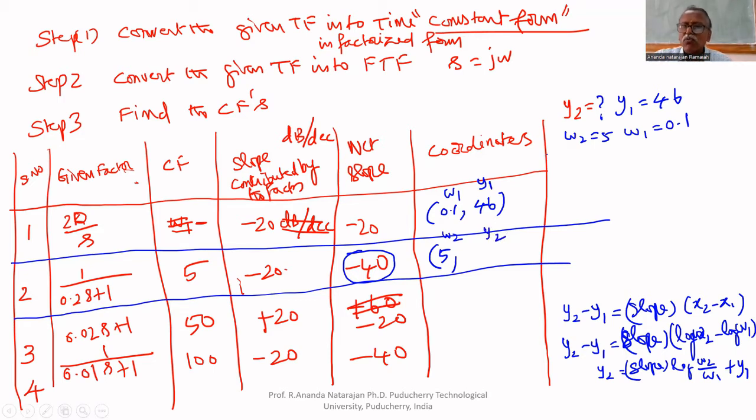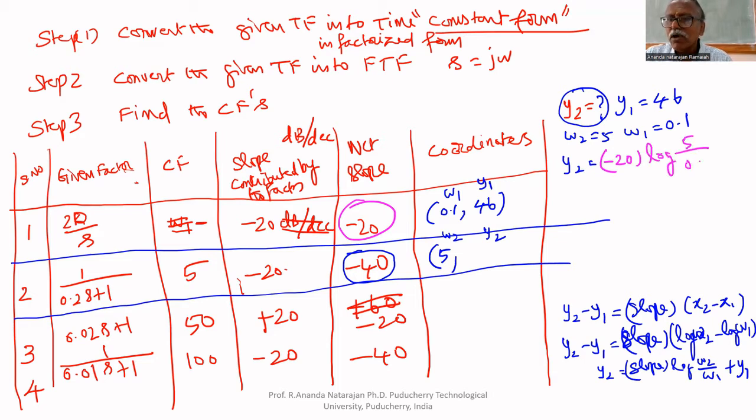In the question, y1 is 46, omega 1 is 0.1, omega 2 is 5. Just substitute. The previous slope we have to use, because up to 5 only we are finding. Therefore, minus 20 multiplied by log of 5 divided by 0.1 plus 46.